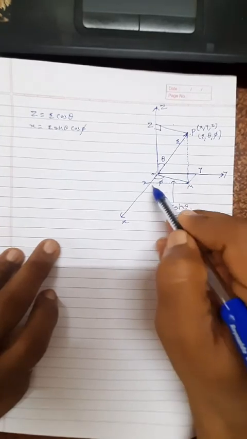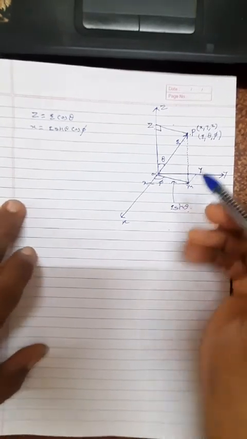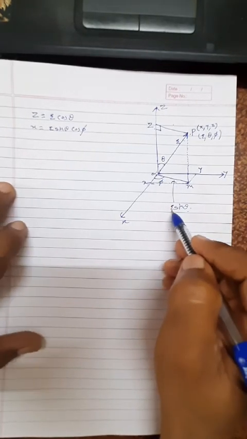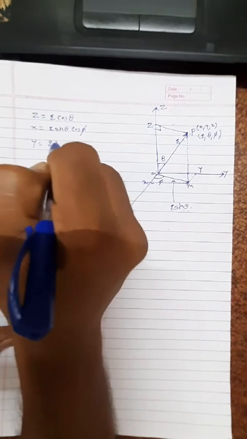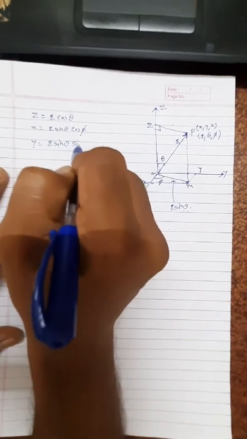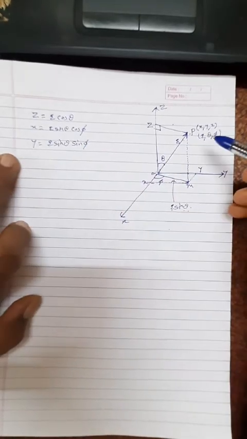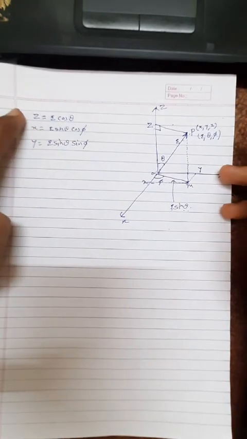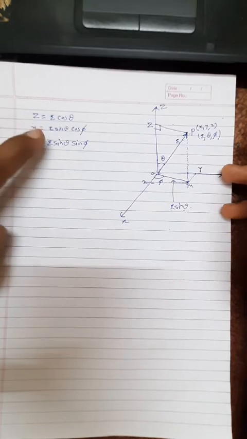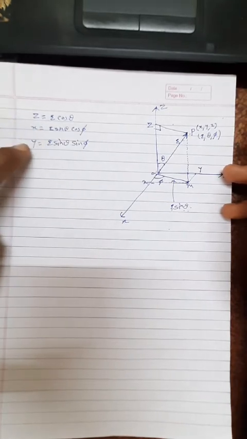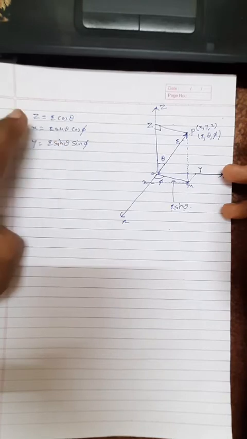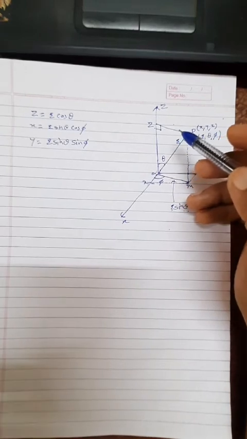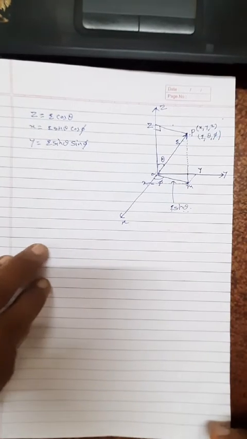And this is y, which is the opposite side to the angle phi, with the diagonal r sin theta, and therefore y can be written as r sin theta sin phi. Therefore, if we know the polar coordinates r, theta, phi, then the Cartesian coordinates can be derived as x is equal to r sin theta cos phi, y is equal to r sin theta sin phi, and z is equal to r cos theta. Adjacent side is cos, and therefore it is r cos theta.